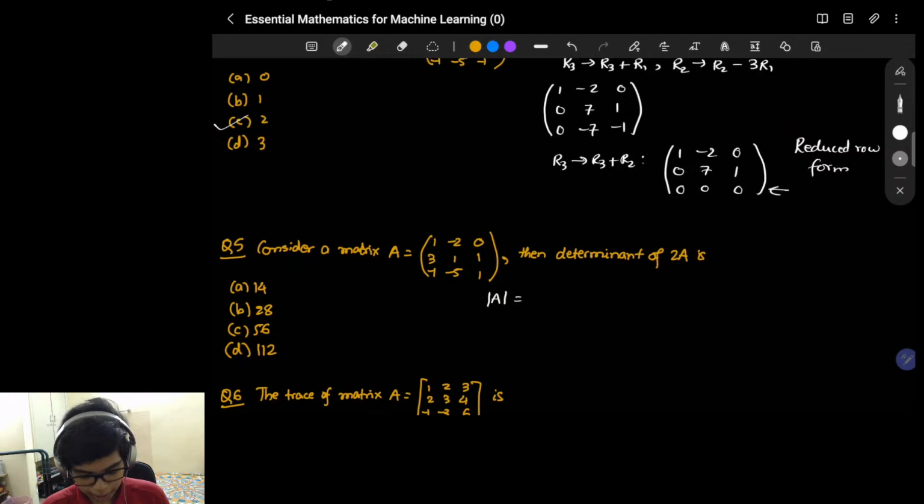Yeah, so determinant of A will be, just check if I'm doing the arithmetic right. So this is 1 plus 5 and then 2.